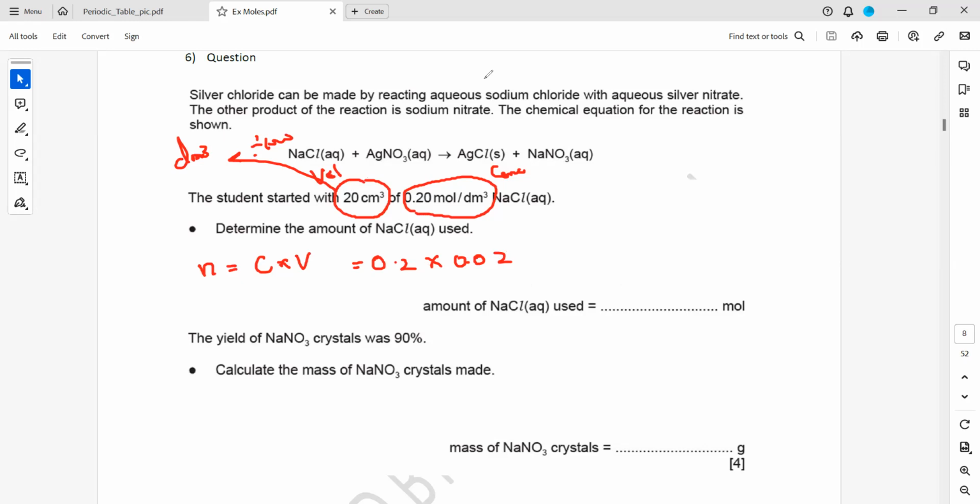A very common mistake from students is that they forget to convert into dm cube and just write 20. You will get a wrong answer. So remember, whenever you are solving a moles question, the volume must be in dm cube.